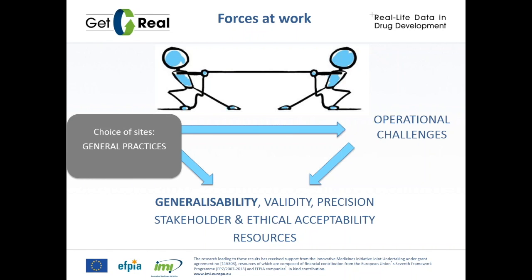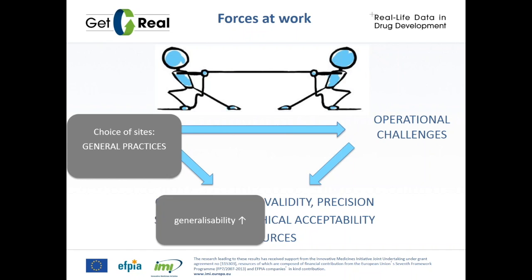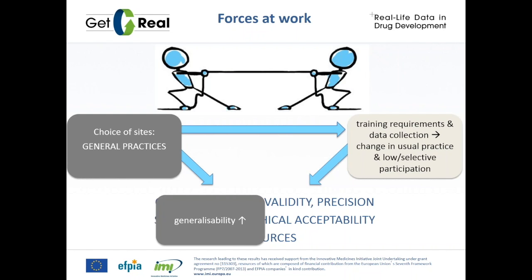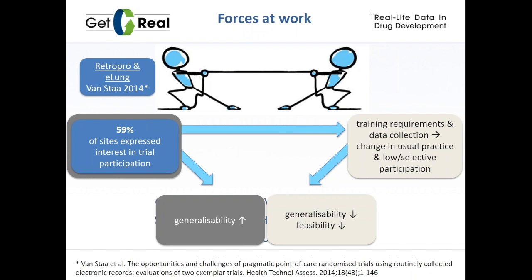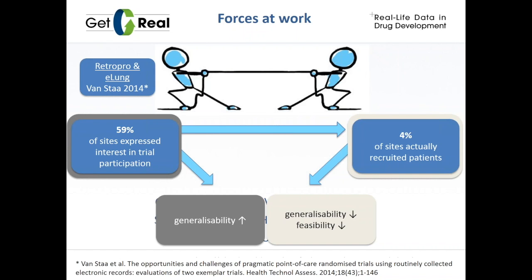As an example, we have one from Thiert van Staar, who analyzed two studies, the VitroPro and ELANG studies, and he wanted to see how the choices of sites, which in this case were general practitioners, impact generalizability, and how the training requirements could reduce the generalizability. In the VitroPro study, he approached 59 sites, and 2/3 of them expressed an interest in taking part in this trial, but he ended up with only 4% of the sites actually recruiting patients.